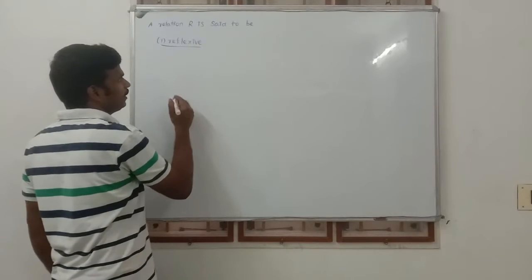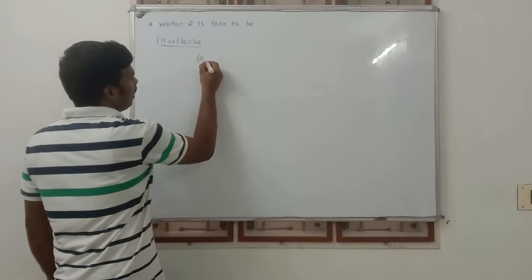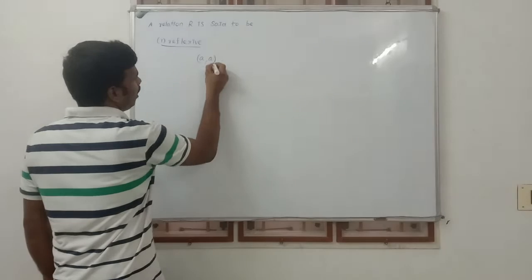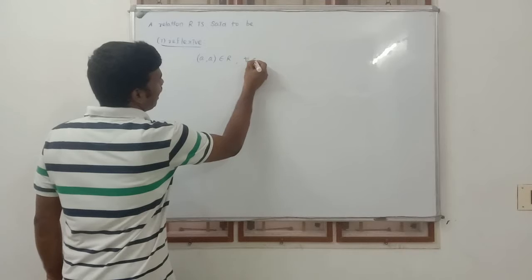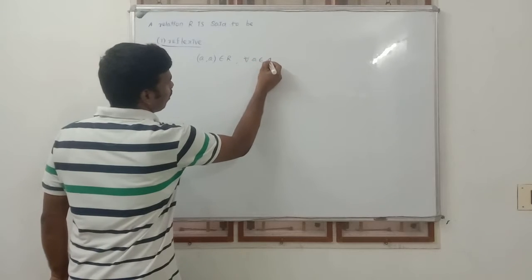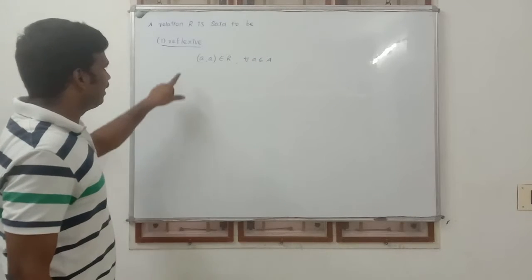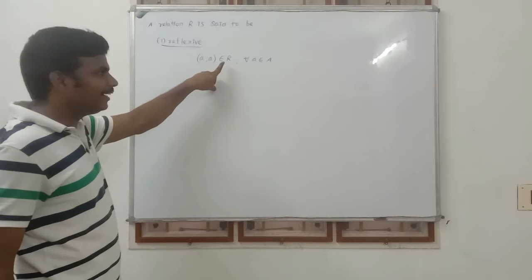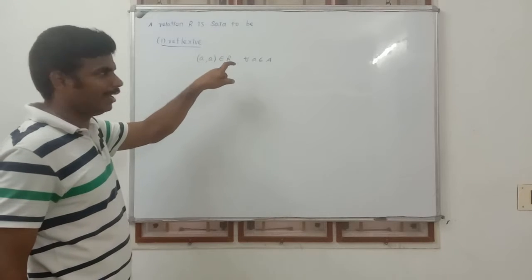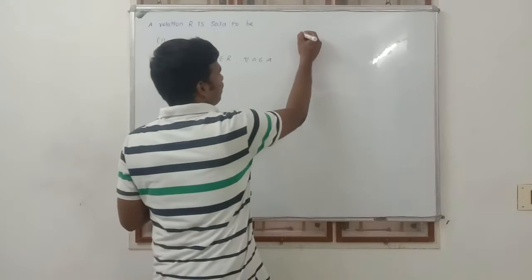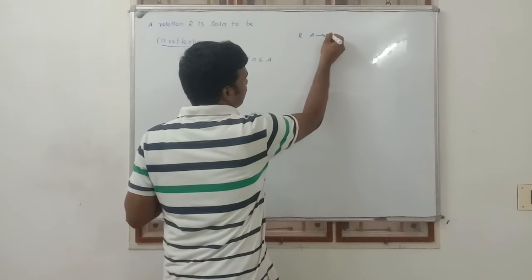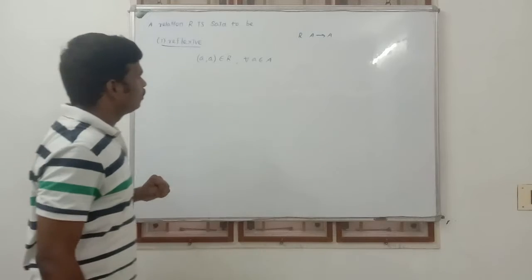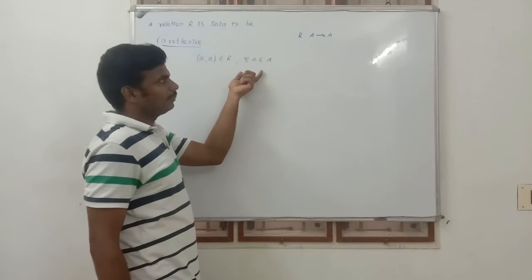The reflexive definition is (a, a) belongs to R for all a belongs to A. We know very well that a relation on A means a relation from the set A to the set A, so all elements should be taken from the set A only.